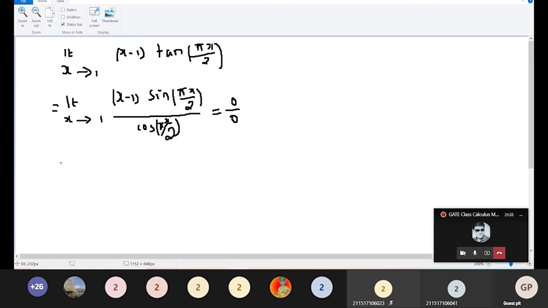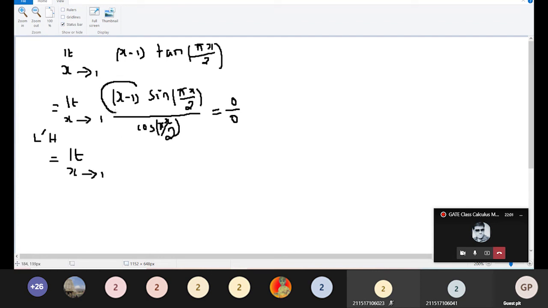Now, if you have a situation like this, it is called an indeterminate form. 0 by 0 is not allowed. So we have to use L'Hospital rule. L'Hospital rule means differentiating numerator and denominator separately, then applying the same limit.